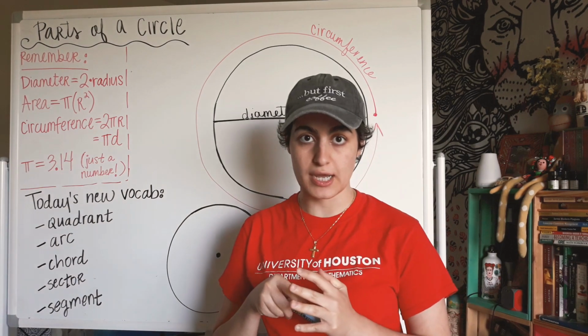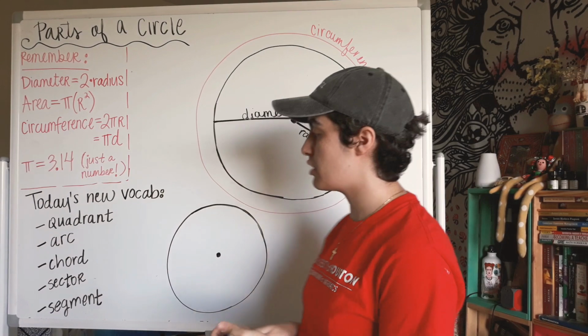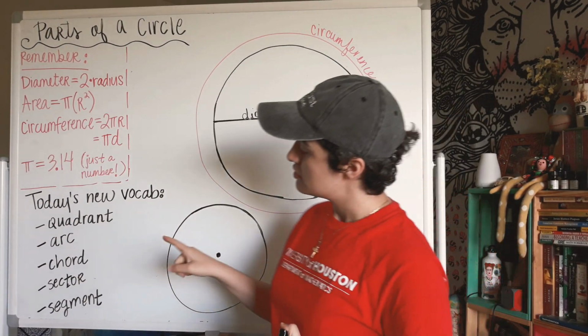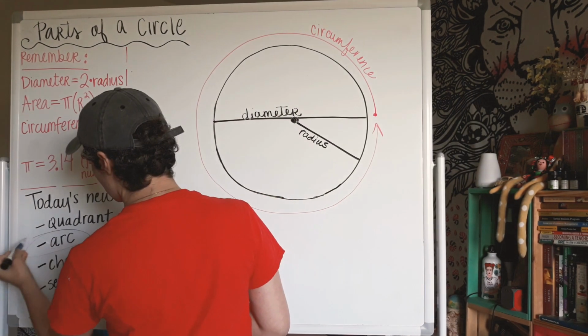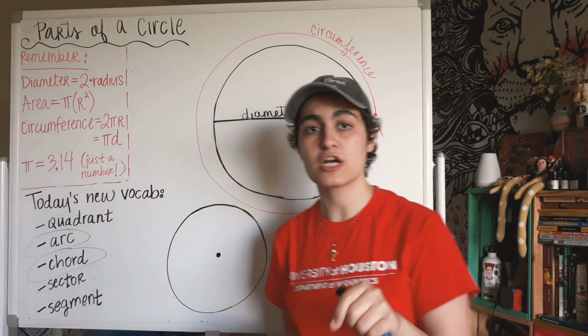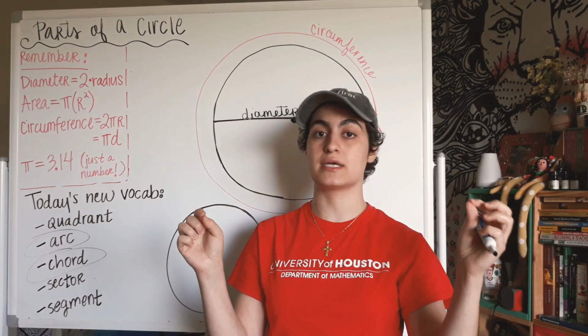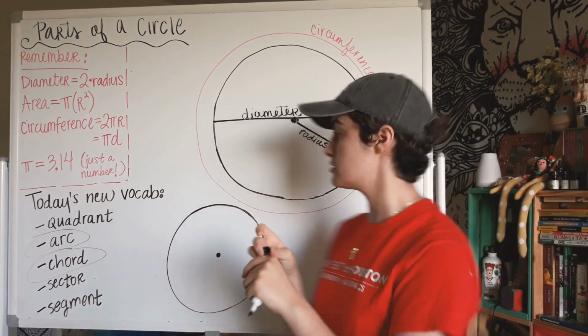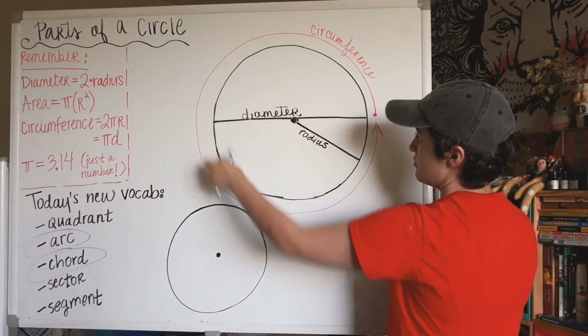Today's new vocab: quadrant, arc, chord, sector, and segment. I want to talk about arc, and I want to talk about chord. So an arc is pretty much just a portion of the circumference. This right here is the edge of the circle.